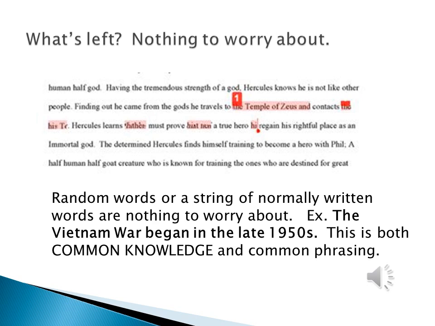Ernest Hemingway was born in, or I've given you the example here. The Vietnam War began in the late 1950s. Okay, that's common knowledge, and it's also a very commonly used phrase. So you don't need to worry about anything that fits those two categories.